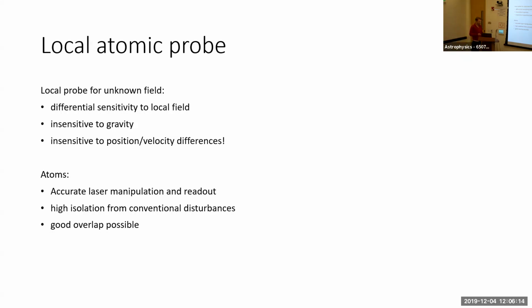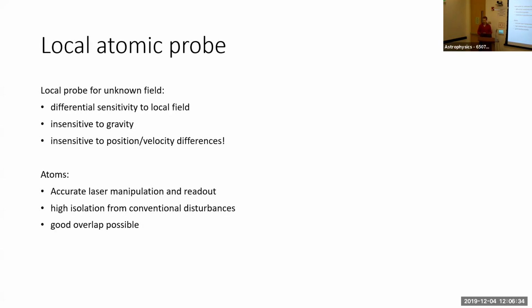I mean, mostly it is. So what we want from our local probe is we want it to be insensitive to, in our case, differential velocities and differential positions of our atoms, so basically initial conditions. We will try to do a good job by making the experiment insensitive to those parameters, because we're interested in some local unknown field.